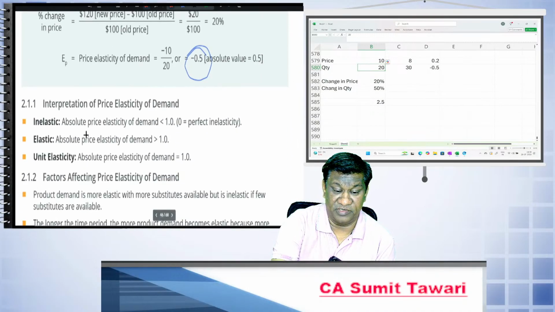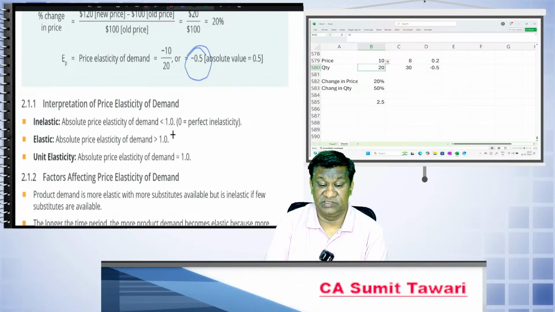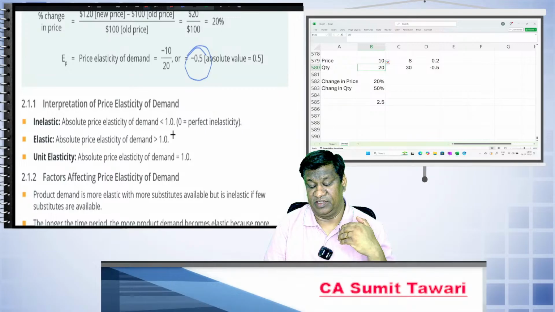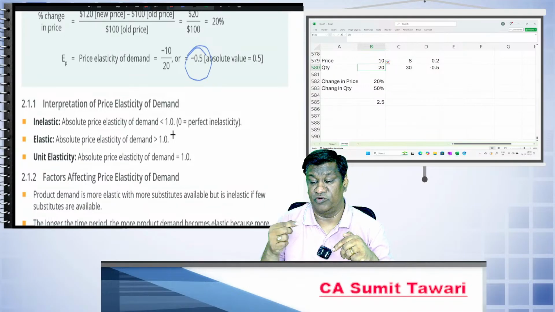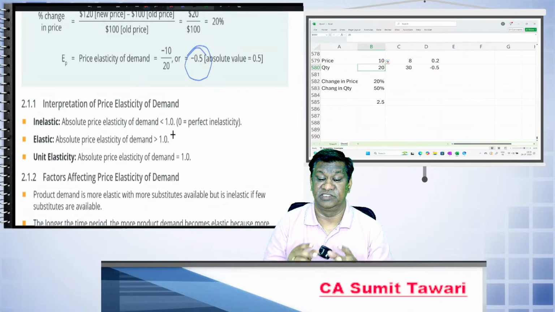So now the interpretation. Price inelastic: absolute price elasticity of demand is less than 1. That means it is perfectly inelastic, meaning whatever the price changes, it will not affect the quantity much. Say the price is increased by 10%, even though the quantity demanded is reduced by only 5%, that means it is inelastic.